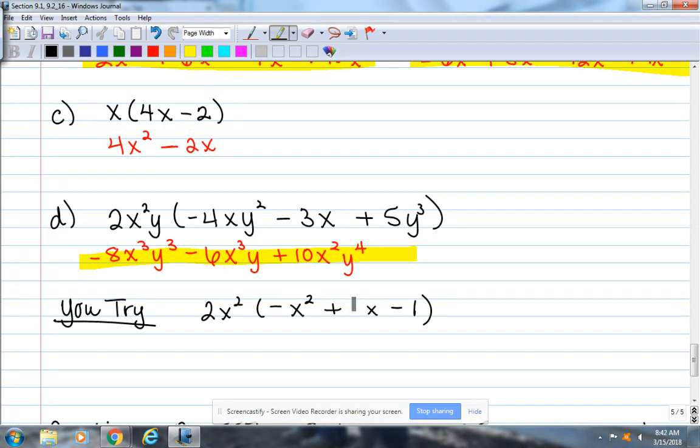It's a 5. Go ahead and check your work with the neighbor.